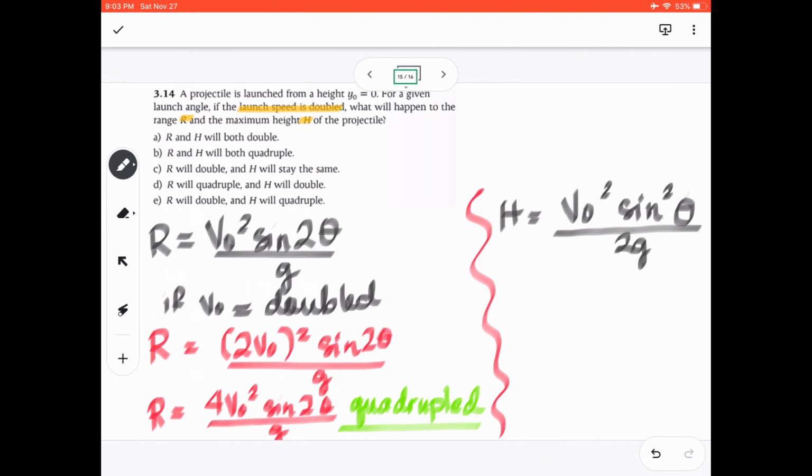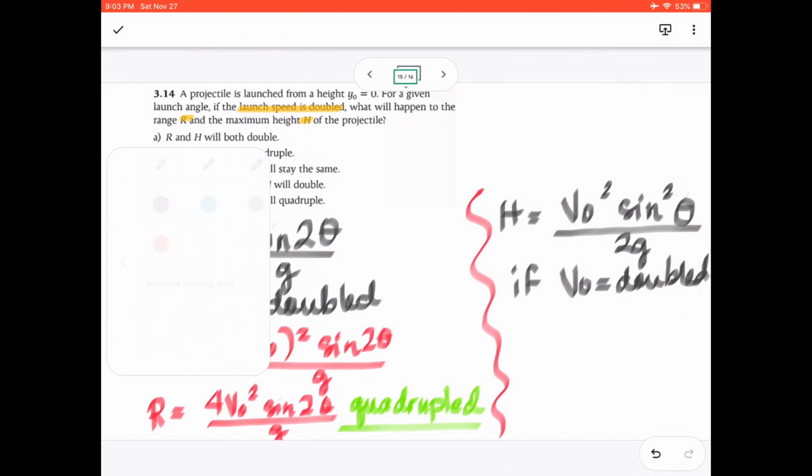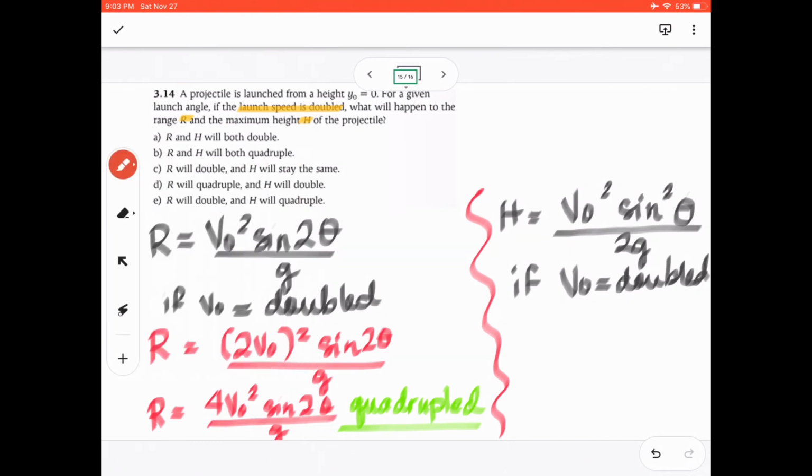If V0 is doubled, what will happen to H? We'll do the same thing. Now H is equal to, you double V0, (2V0) squared sine squared theta divided by 2g.